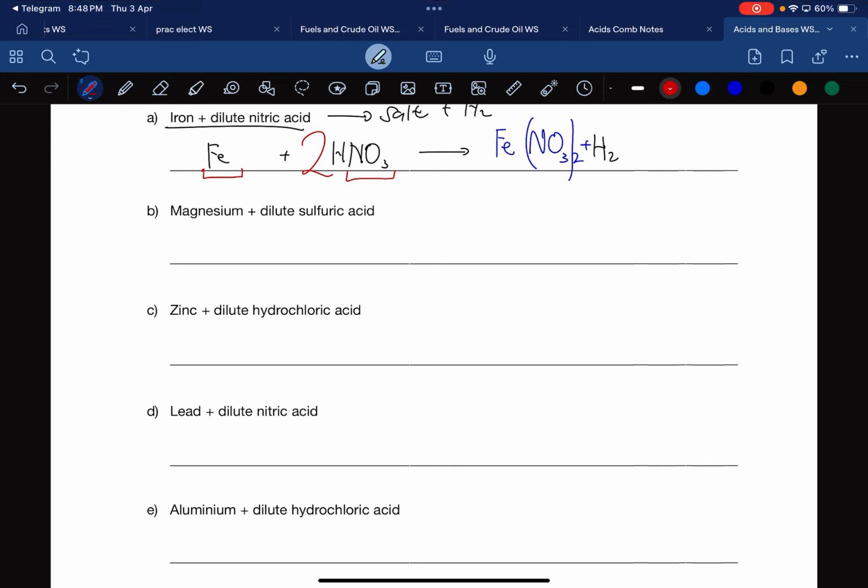Zinc has what charge, madam? Plus 2, bro. What's the charge of that again? 4 minus 4. That's 3 minus 1, balance, man.